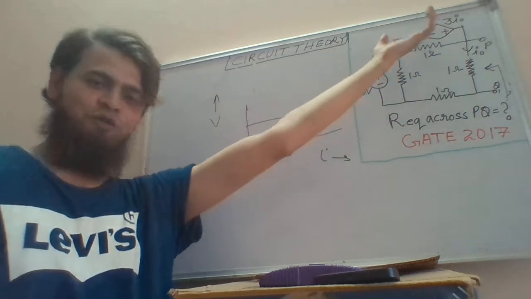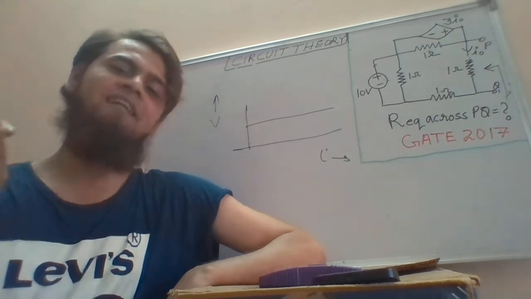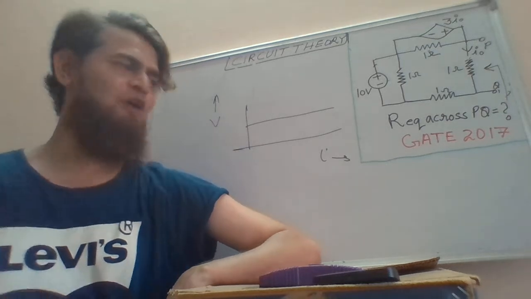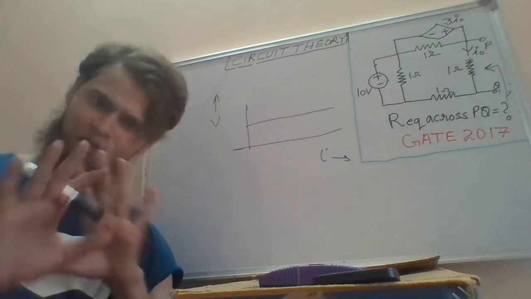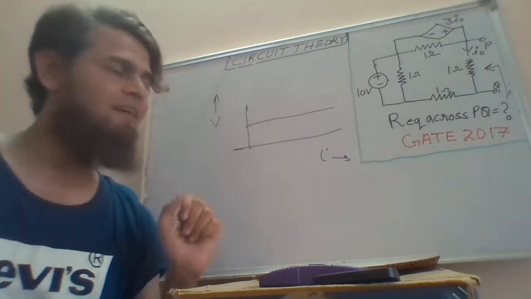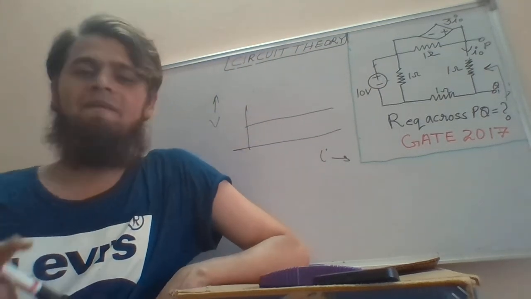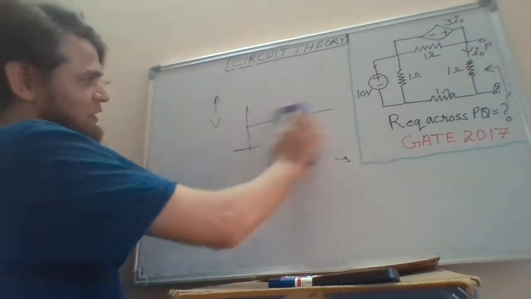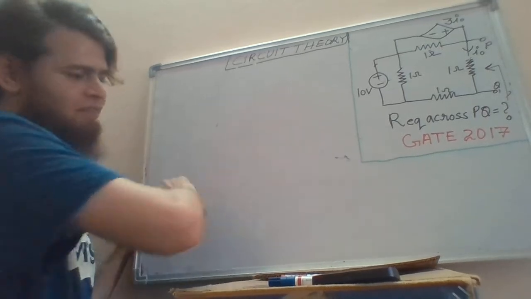Don't you see that this battery is showing a linear behavior, a linear nature? So we can say that the independent sources are non-linear, and the dependent sources are linear. Fine. So we have made comment on the sources.